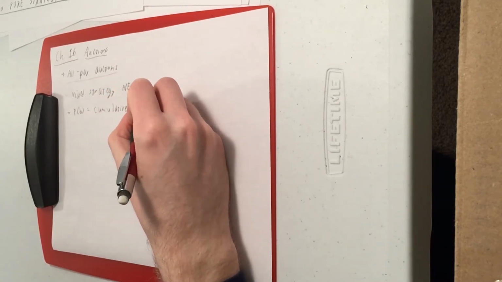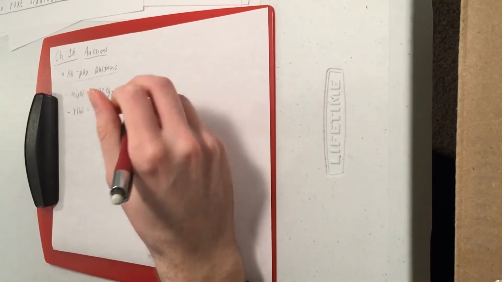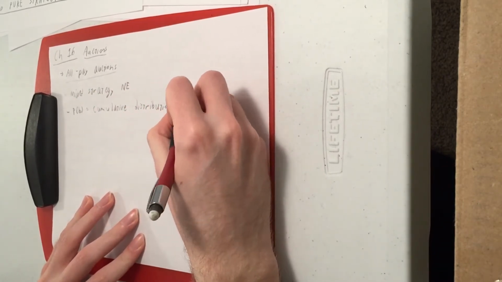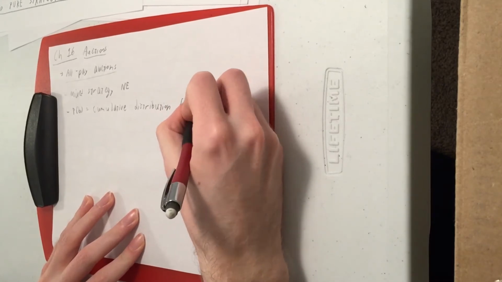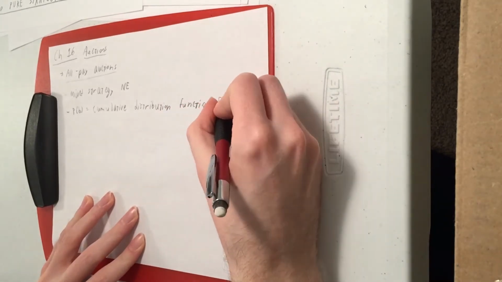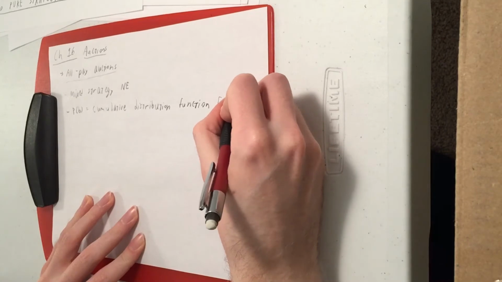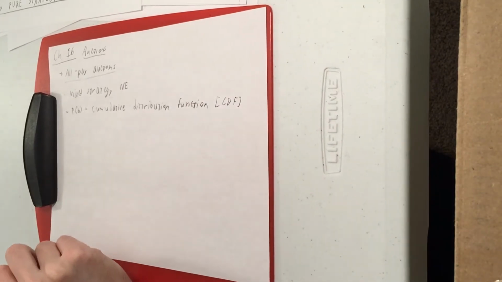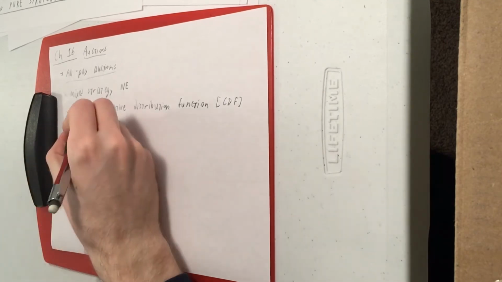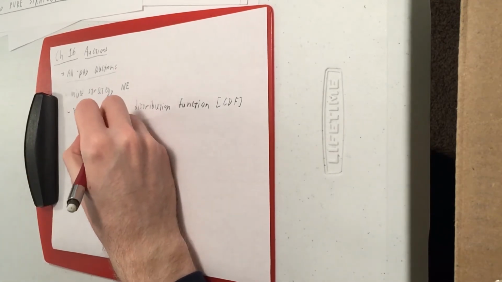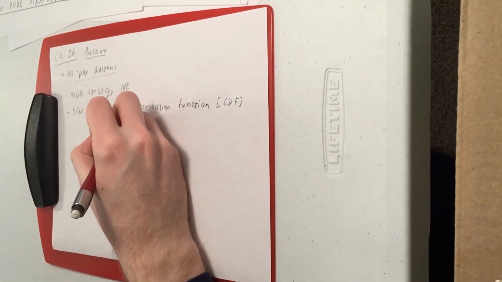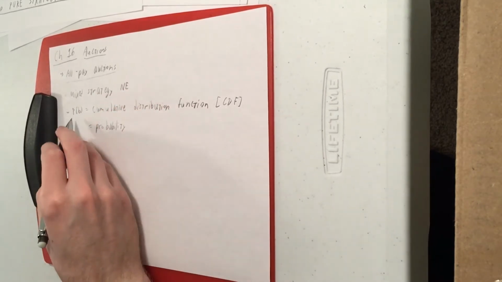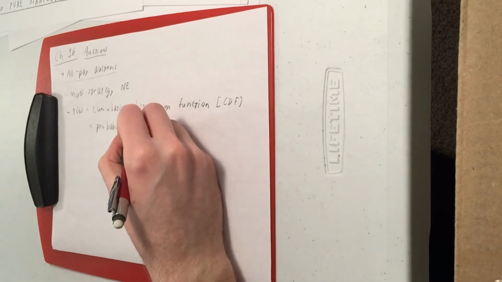And I'll tell you what that means in just a bit. It's often abbreviated as CDF in a lot of the economics textbooks and articles. So that's the probability that someone bids less than B.